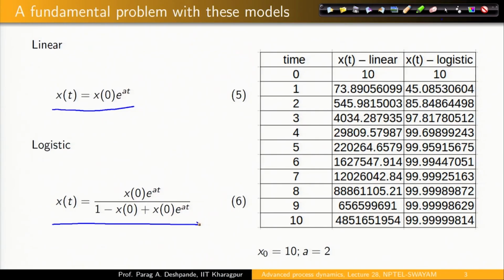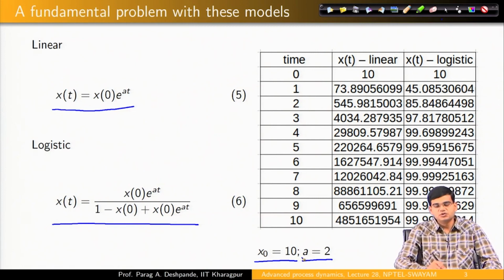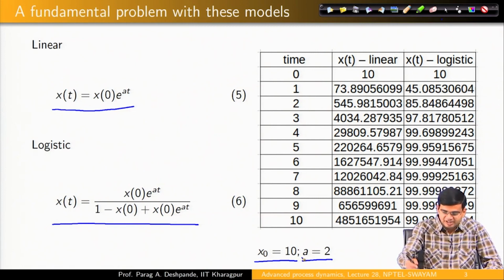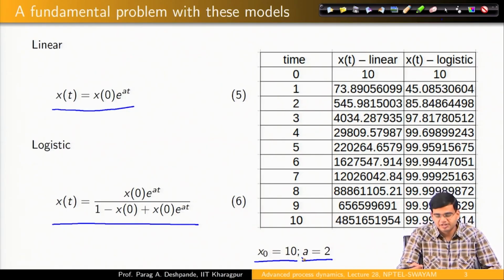So, if I start with an initial population, say x 0 is equal to 10, and I take a growth factor as 2, so a is equal to 2 in my case, the table on the right hand side gives you the evolution of the population in time.